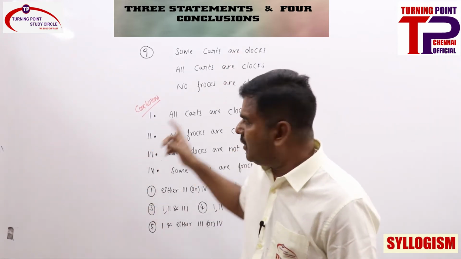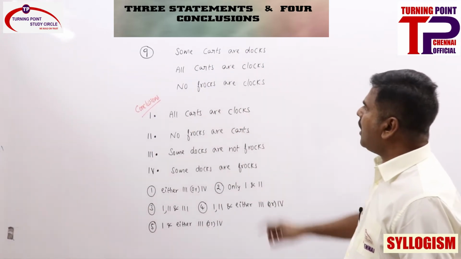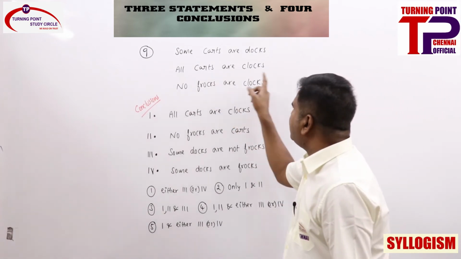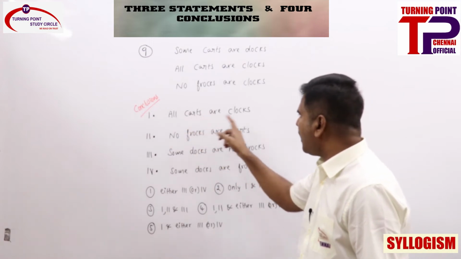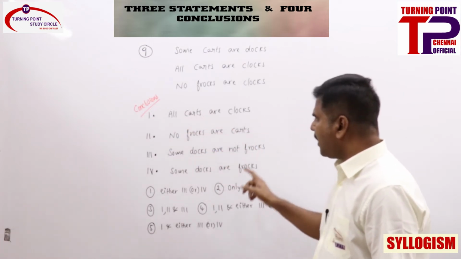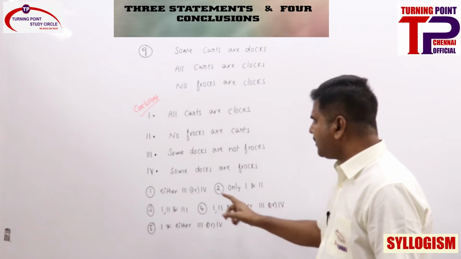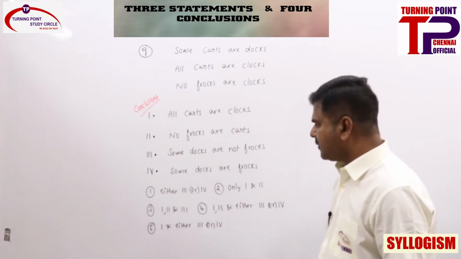My 9th question, note it down. Some cards are dogs, all cards are clocks, no frogs are clocks. Conclusions: 1, all cards are clocks; 2, no frogs are cards; 3, some dogs are not frogs; 4, some dogs are frogs.